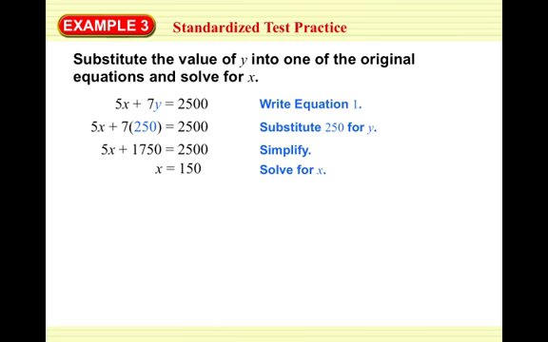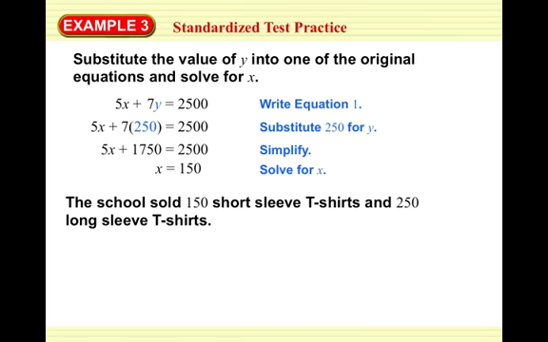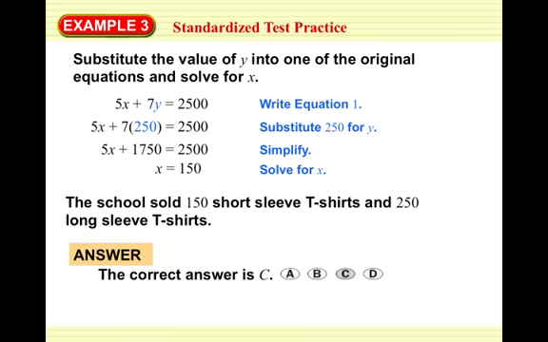Subtract from both sides, and when we subtract, we get 5x equals 750, and then divide by 5, and that would give me x equals 150. So the school sold 150 short sleeve t-shirts and 250 long sleeve t-shirts. So the answer is going to be C.